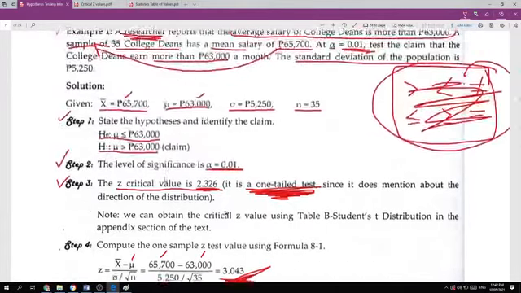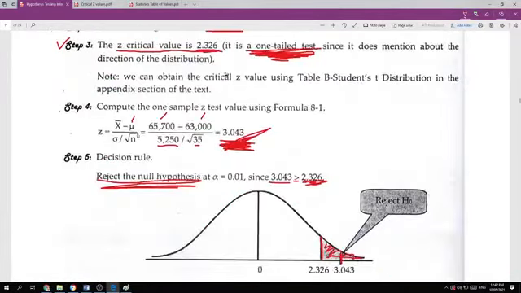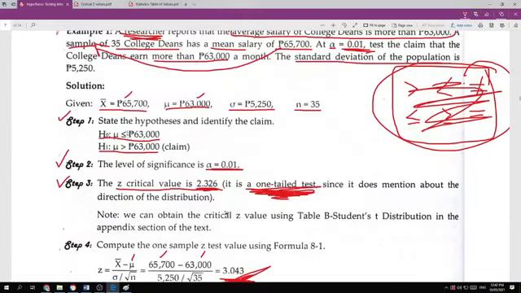Kung si HO nato, ang HO nato kay, sir, less than or equal to 63,000 ang monthly o ang average salary sa mga college deans. Since we reject HO, therefore, the alternative hypothesis is true. So, meaning, kining claim is true.